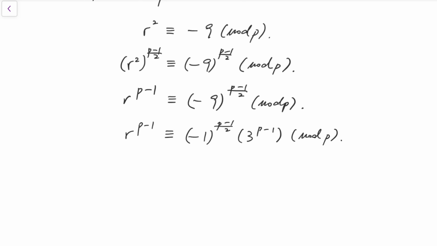Now at this point, well actually we assume that p is not equal to 3, and if it's also not equal to r, then by Fermat's little theorem, these two terms ought to be congruent to 1 mod p, both congruent to 1 mod p.